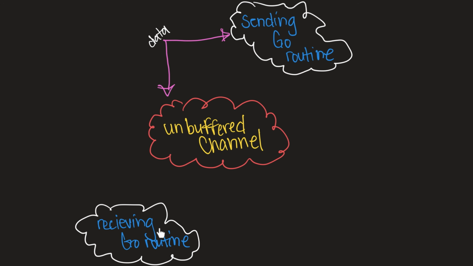Now let's imagine that we have a line of code for a receiving goroutine to receive the data from this channel. Once we reach this line of code and this receiving goroutine receives the data that was sent by this sending goroutine, at that point, this goroutine will no longer be blocked. And that's what I mean when I say that an unbuffered channel only allows goroutines to communicate synchronously.